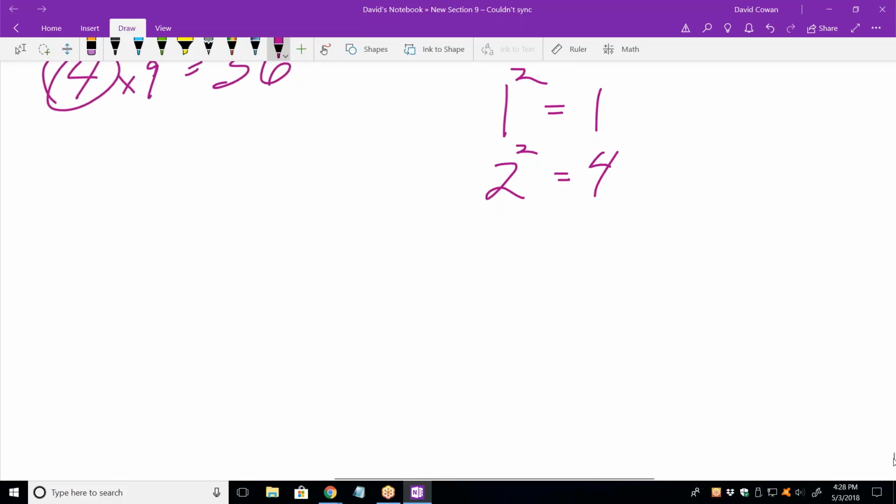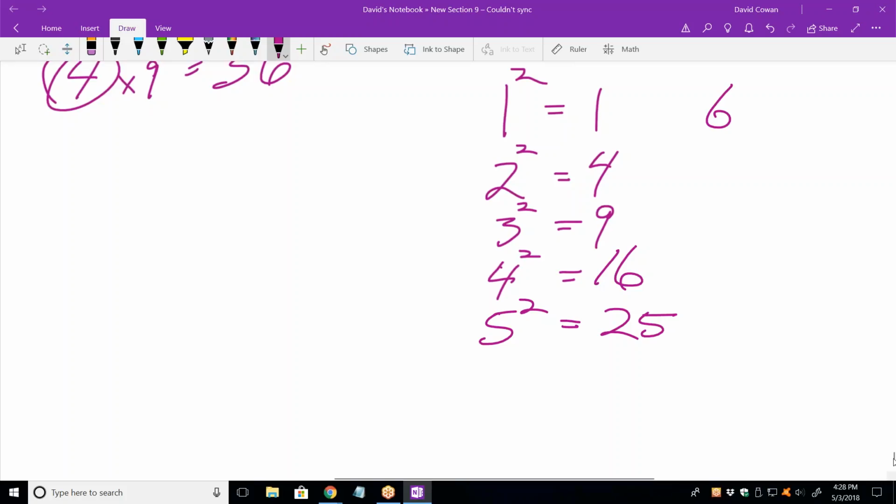What's 3 squared? 9. What's 4 squared? 16. What's 5 squared? 25. What's 6 squared? That's where you got me lost. Well, okay. A good place to start then. 6 times 6 is 36.